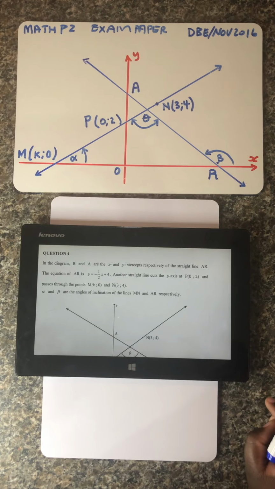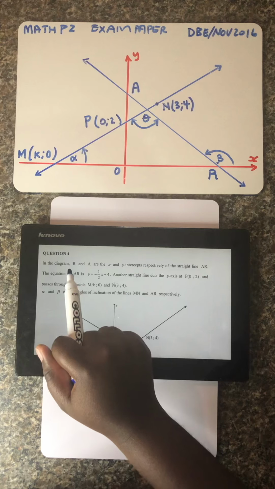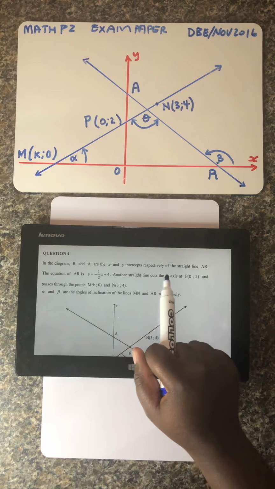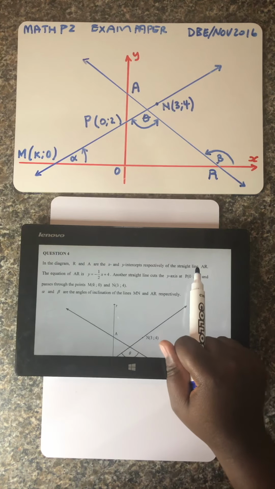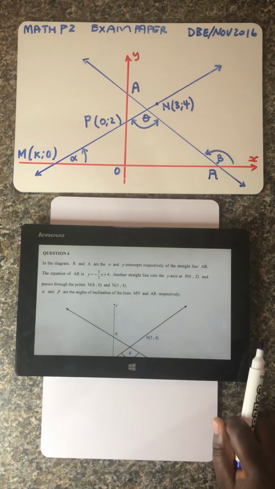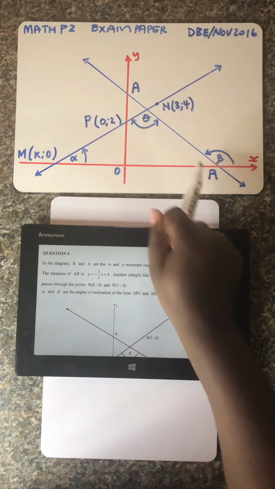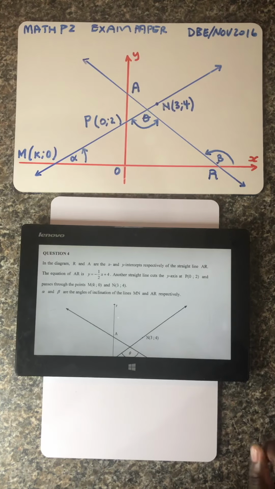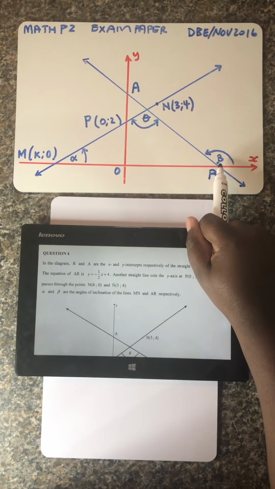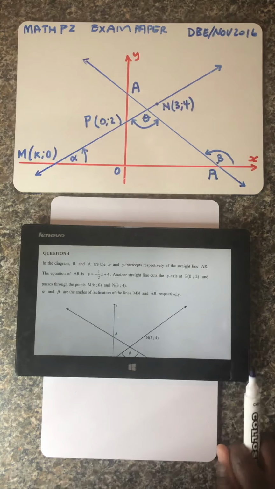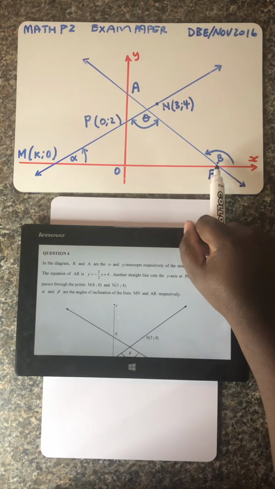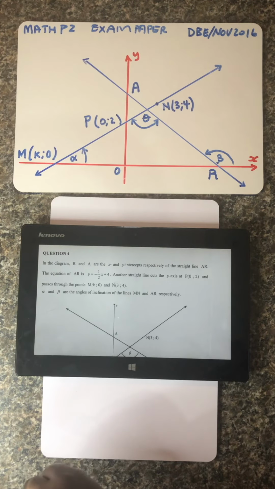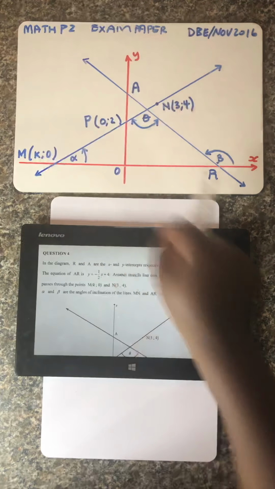Okay, so the statement says R and A are the X and Y intercepts respectively of the straight line AR. So we already know that A and R is a straight line. So we've got the X and the Y intercept. So R is the X intercept and A is the Y intercept of the straight line AR.